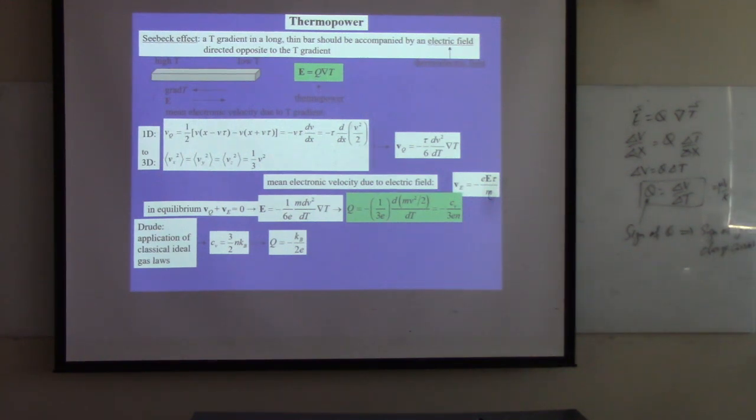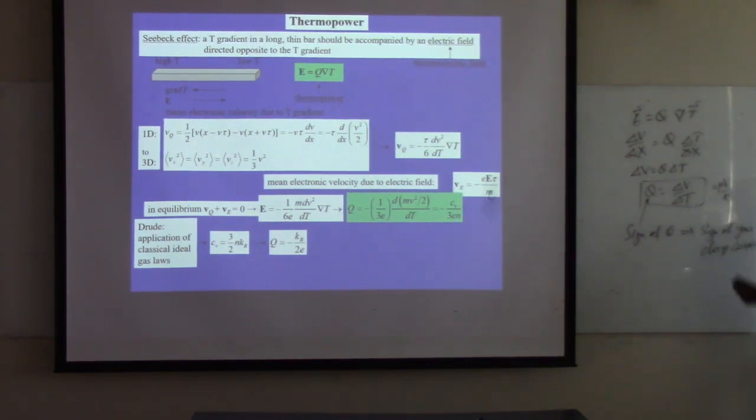If you have an electronic Hall effect, it's a negative number. If it's coming from holes, it's positive. So same as if you measure the thermoelectric power: if it's a positive number, we can immediately tell your majority carrier is holes. If it's a negative number, it's an electron.